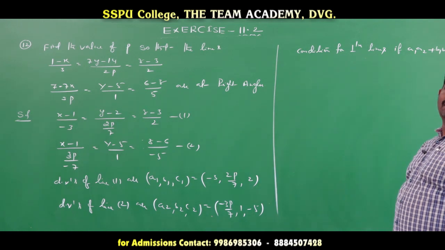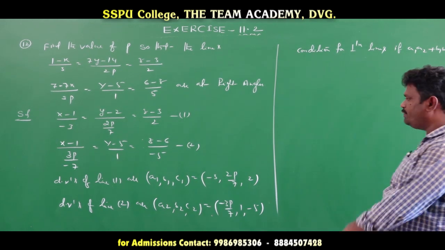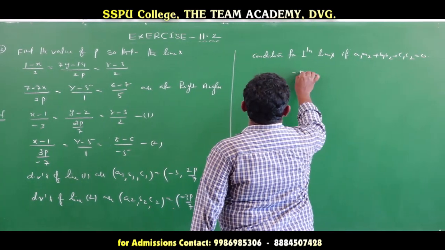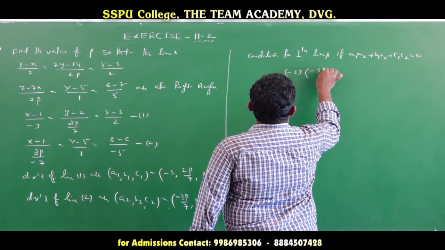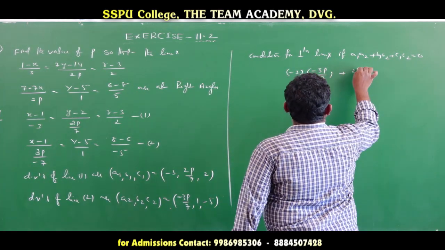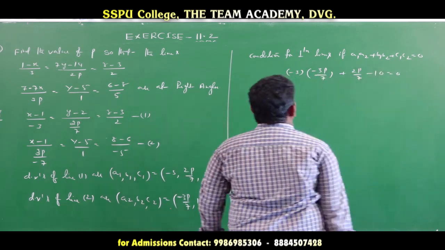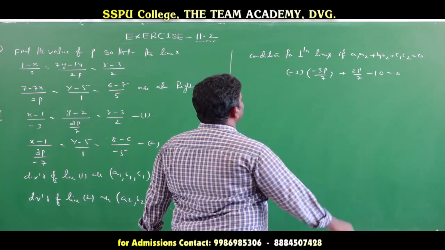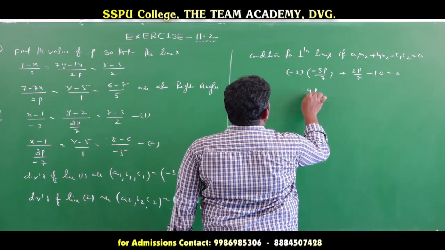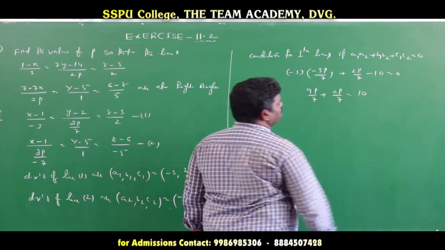Taking the product: minus 3 into minus 3p by 7, plus 2p by 7 into 1, minus 10 is equal to 0. Taking 10 to the other side, minus into minus gives 9p by 7 plus 2p by 7 is equal to 10.